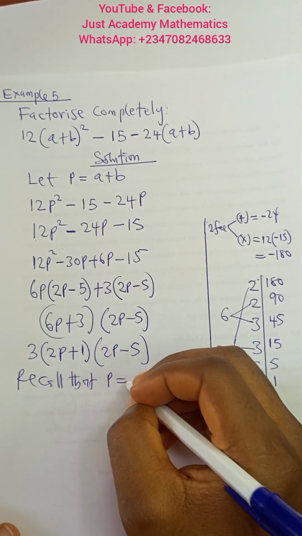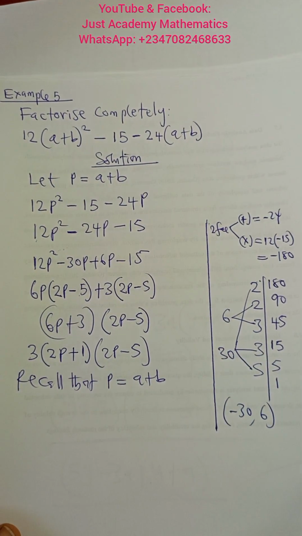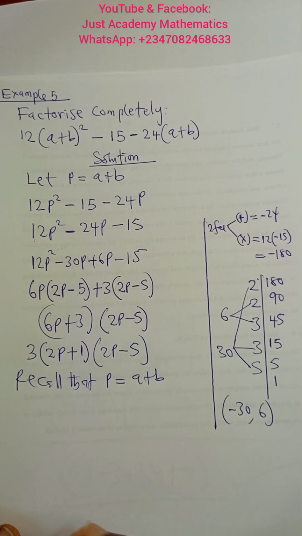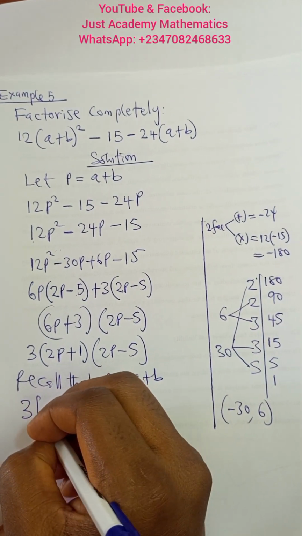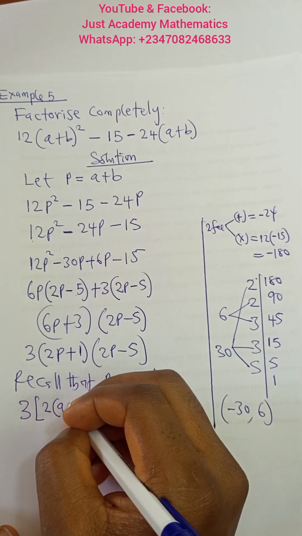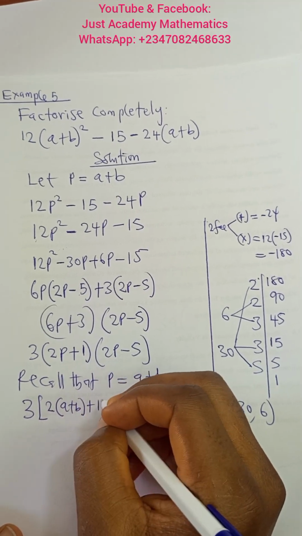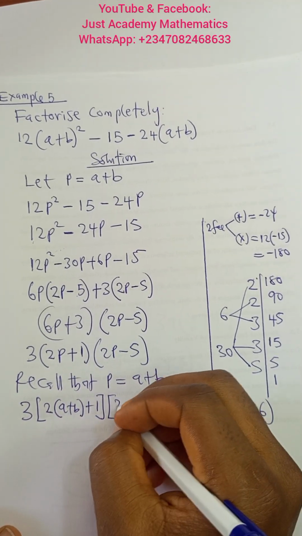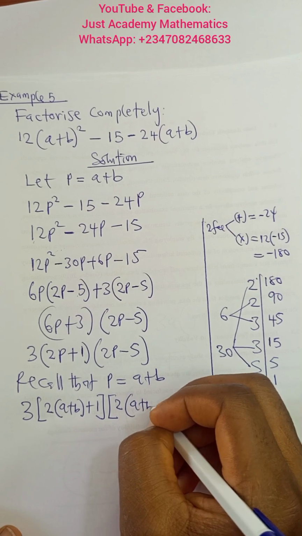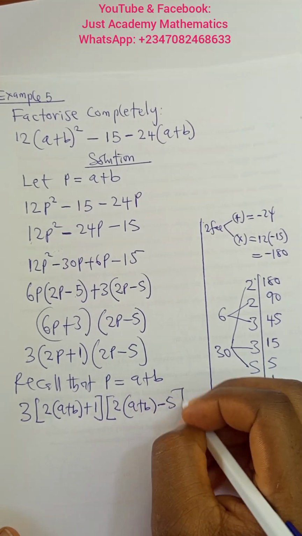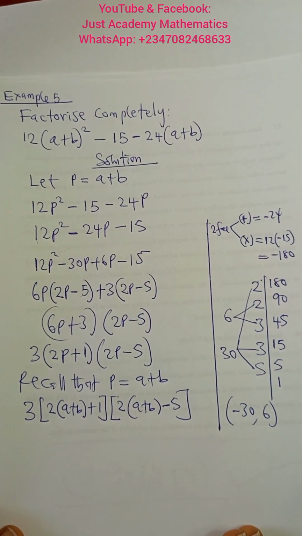It is at this stage that we will now recall that p is equal to a plus b. So anywhere we see p, we replace it with a plus b. So we have 3 times 2 bracket a plus b plus 1, bracket 2 times a plus b minus 5. So we'll expand to get the final answer.